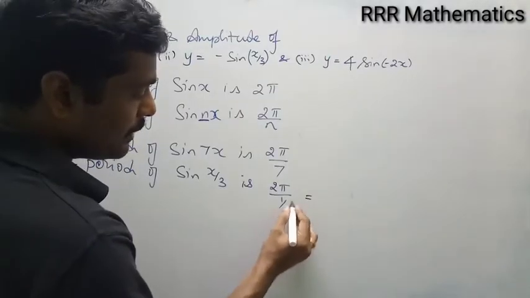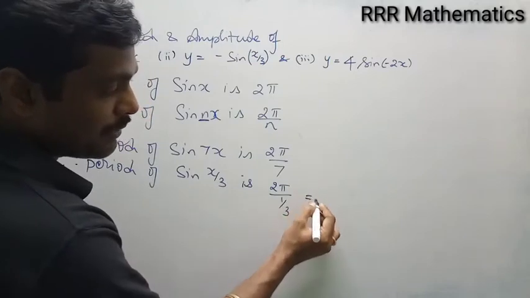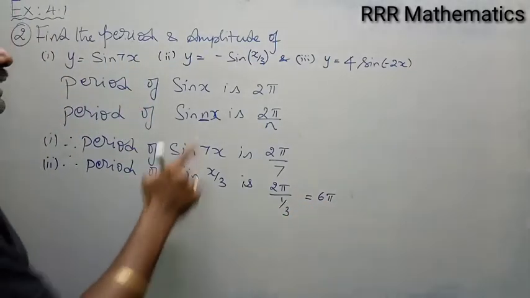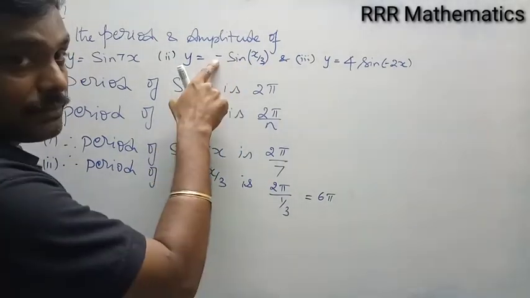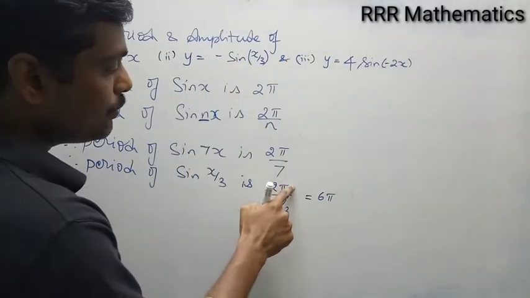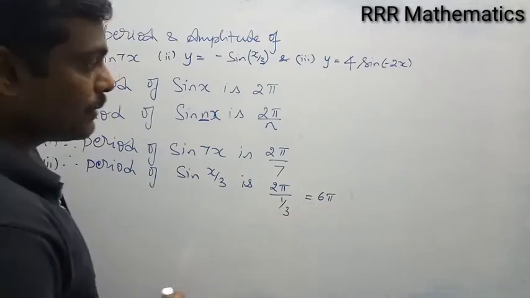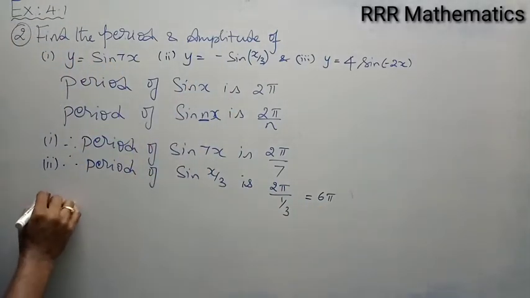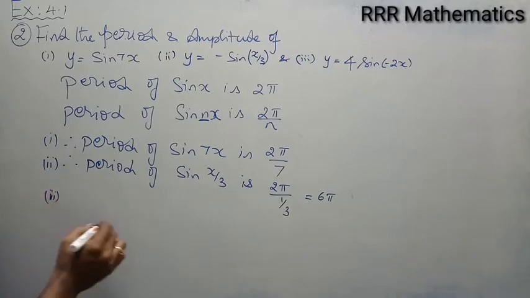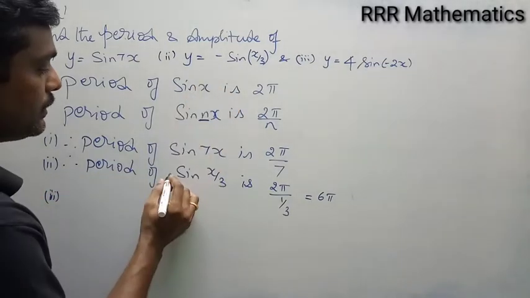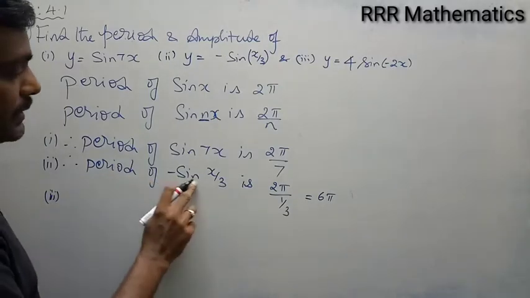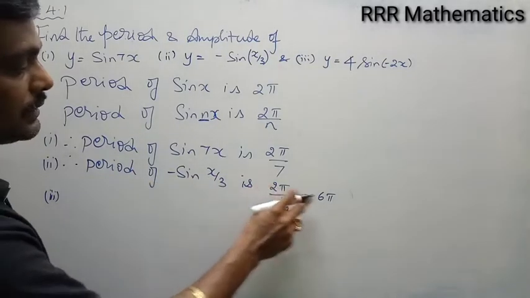When you take a reciprocal, 1 by 3 becomes 3 by 1. 3 twos are 6 pi. So the period of sine x by 3 is 2 pi by 1 by 3, that is 6 pi. Even with the minus, it doesn't affect. Next. Even if you write the minus, no problem. Is it clear? Period of minus sine x by 3 is 6 pi.